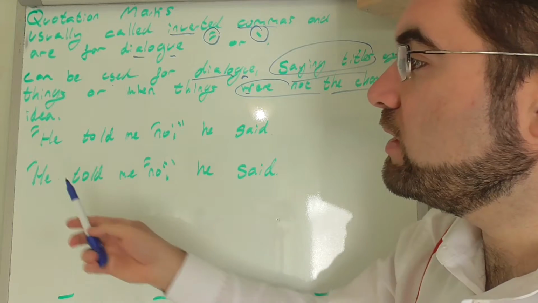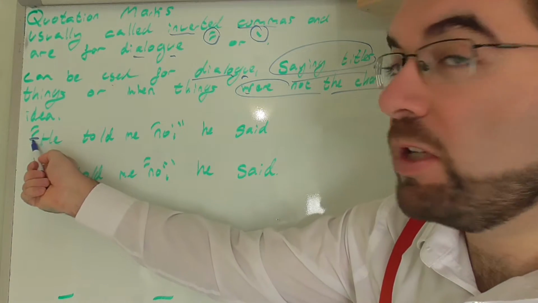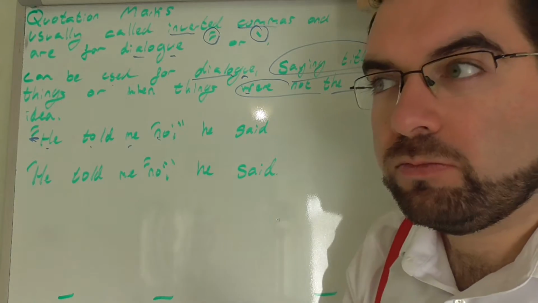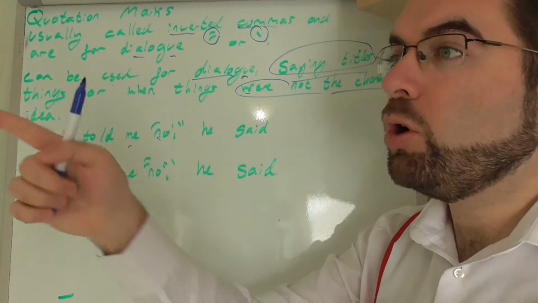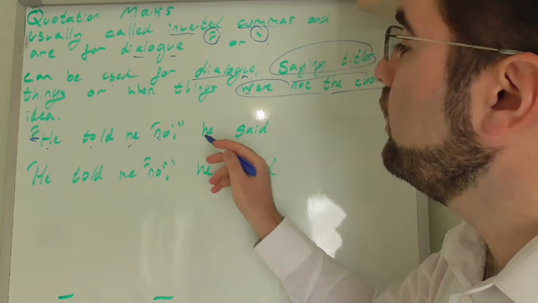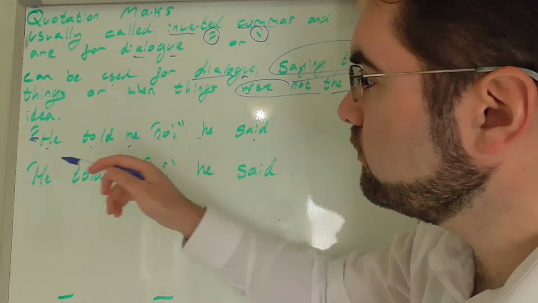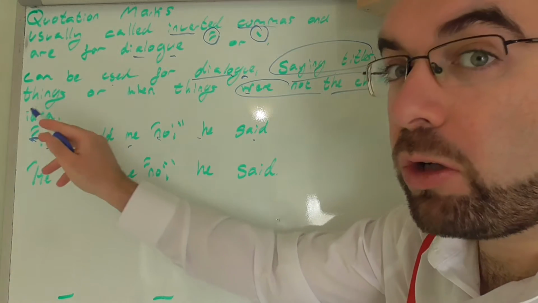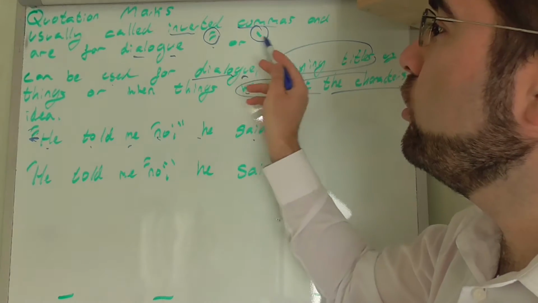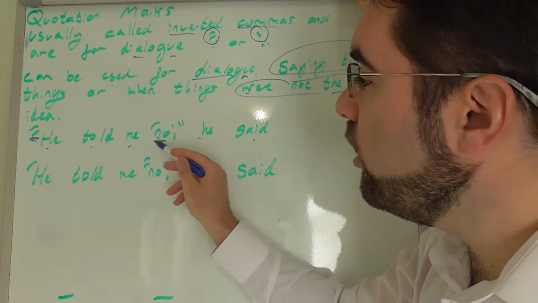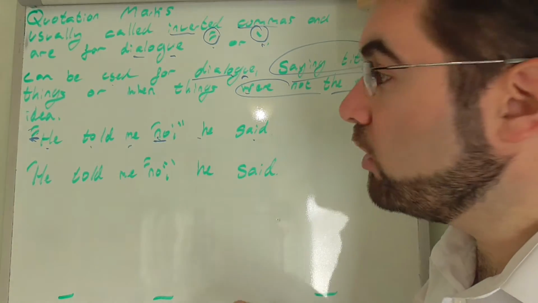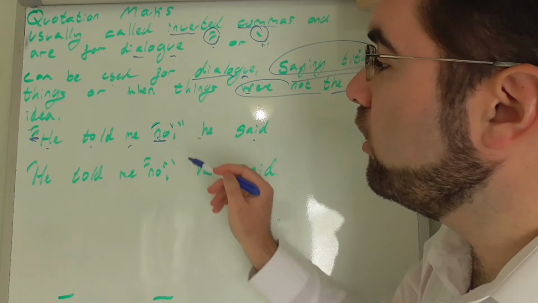So, we could say, dialogue, opening quotation mark, he told me no. He told me no, he said. Makes sense. So, opening quotation mark, he told me, and then the other one, no. The character quoting somebody else goes inside other quotation marks, the singular one.